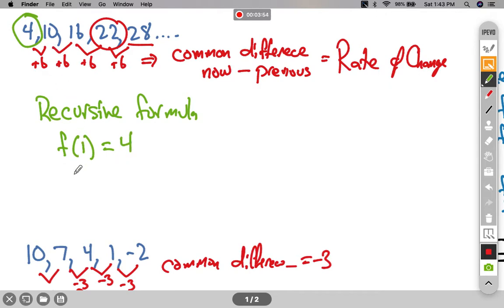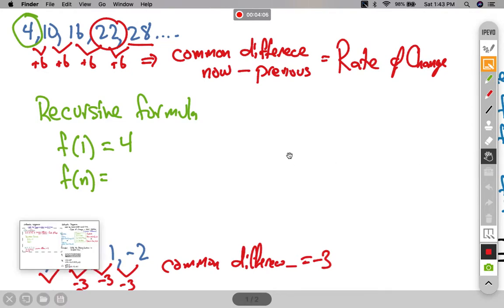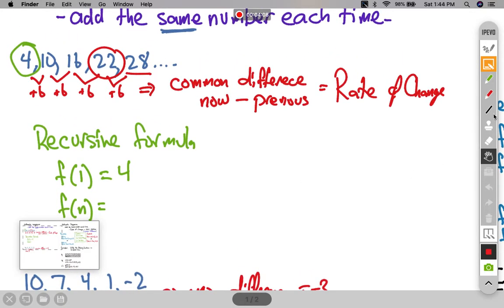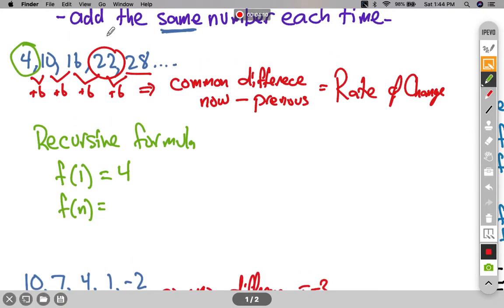What do we do to get our next number? So then we say f of n for any number in the sequence. To find any number, I have to take the number that came right before it. So for example, if we say this is my first number, this is my second, this is my third, if I wanted to find the third number, I'd need to use the second number and add 6.